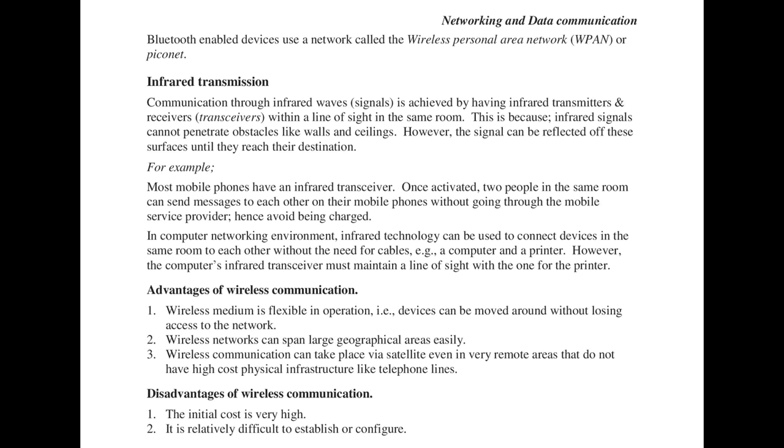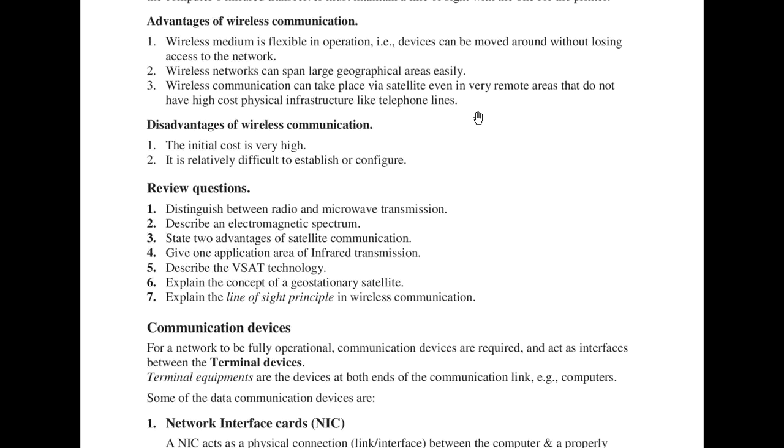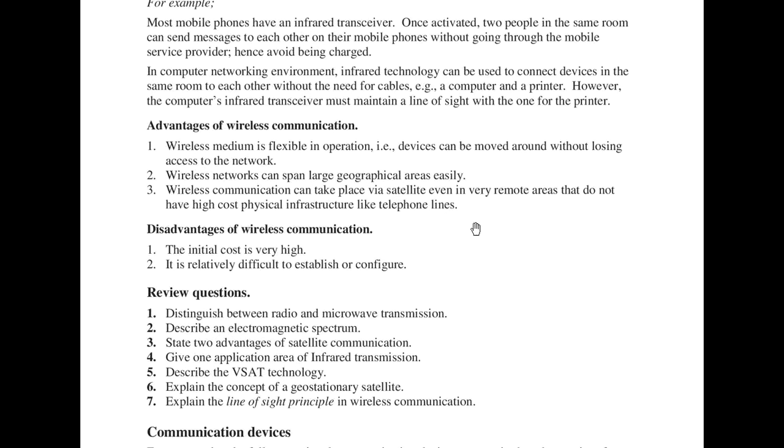When you are changing channels using your remote control, you notice that if somebody stands between you and the TV, the communication will not take place. So this one works on line of sight. For the advantages and disadvantages revision questions, guys, just pause the video and scribble them down.